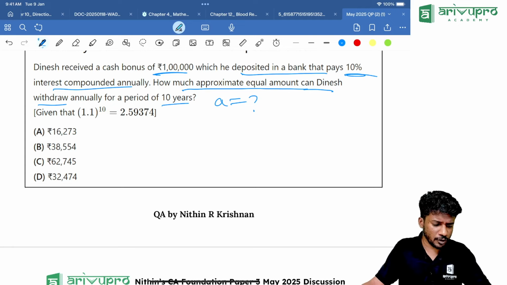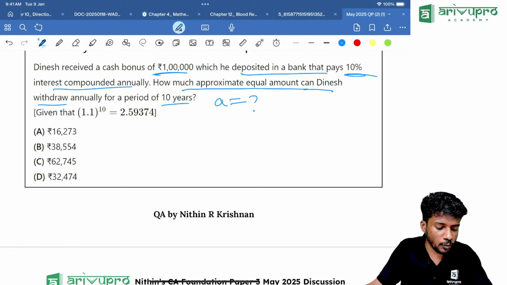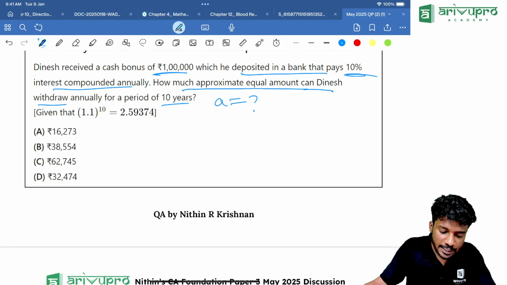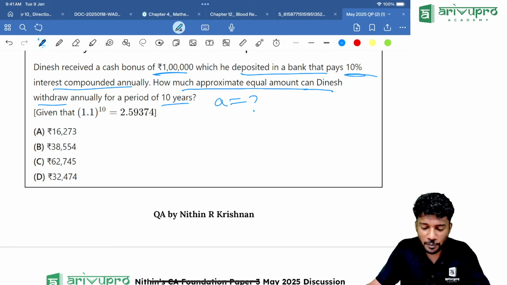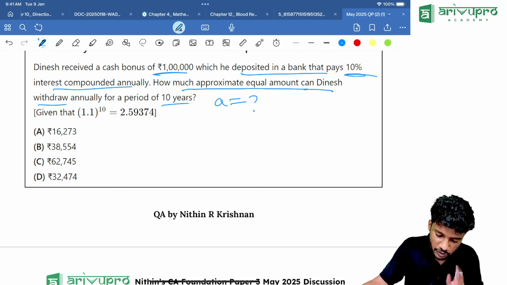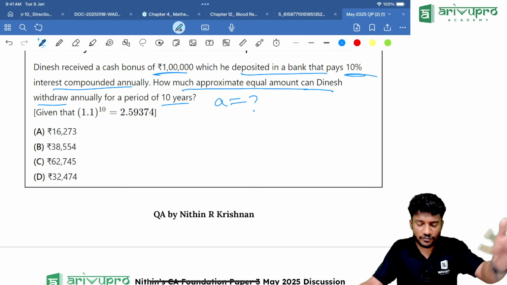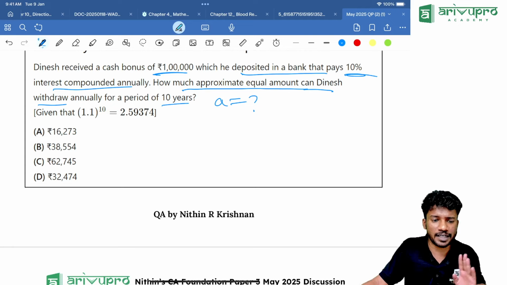I think everyone got it as option B. Finally, you will click the GT button. Then divide equal to, multiply it with how much? 1 lakh. Yes, how much you are getting? 16,274 something, 73 something you are getting.